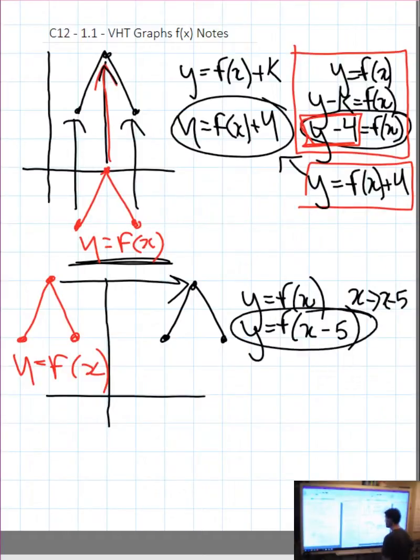And remember, substituting the opposite operation for the variable moves the graph. Putting x minus 5 in for x is going to move the graph to the right 5.